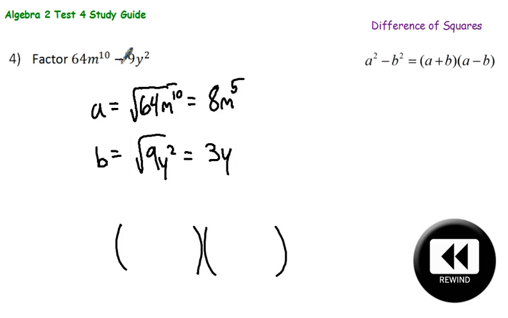That's where the difference part comes in. And squares are numbers that are perfect squares, numbers that I can take the square root of. So 8m to the 5th goes twice, and the only difference here is once is a plus, once is a minus. And then the second term, which would be 3y.